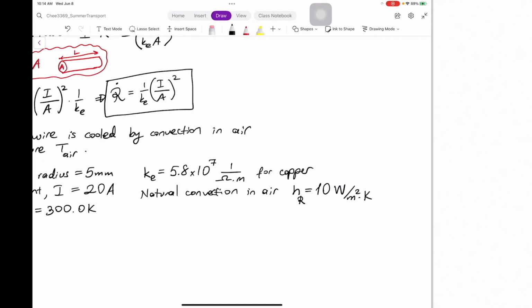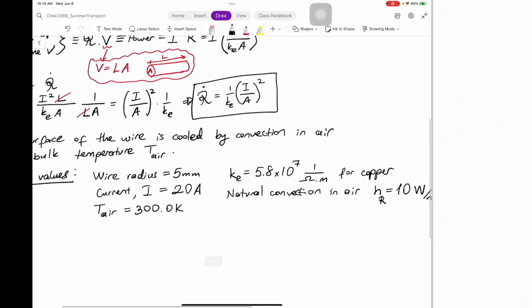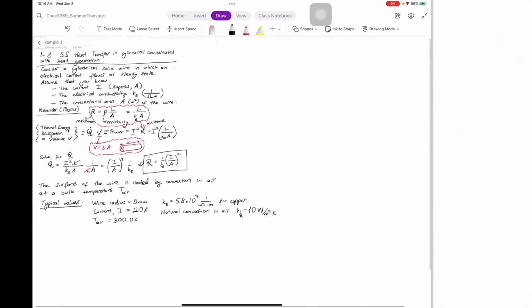This is a typical value for natural convection. If you actually don't know anything about your system, you can take it as around 10 or 20 watt per meter square Kelvin for air at ambient conditions. Okay, so these are my typical values.